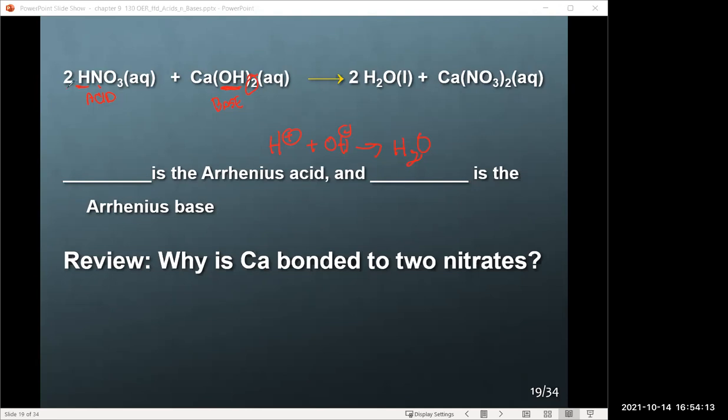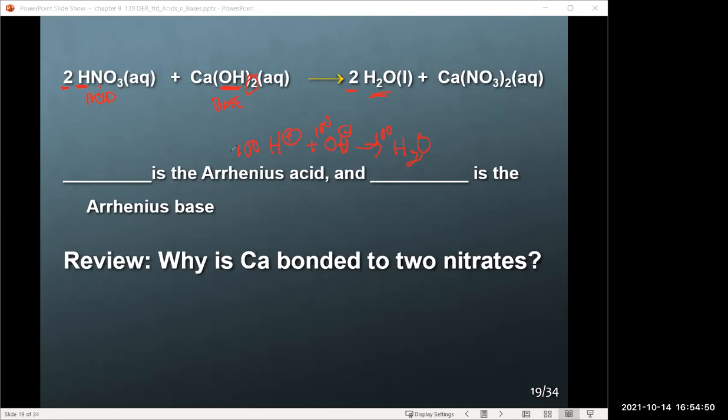I'm going to need two protons coming from the nitric acid to neutralize each other. And if I have two protons and two hydroxides, I'm going to make two waters. Another way to look at this is if I have 100 protons, I need 100 hydroxides to give me 100 waters. If I have 1 billion protons, I need 1 billion hydroxides to give me 1 billion waters. So it's 1 to 1.